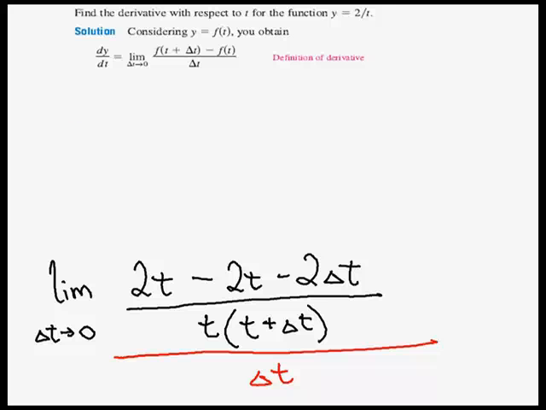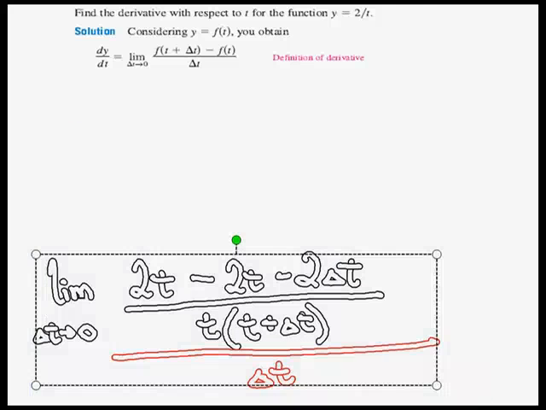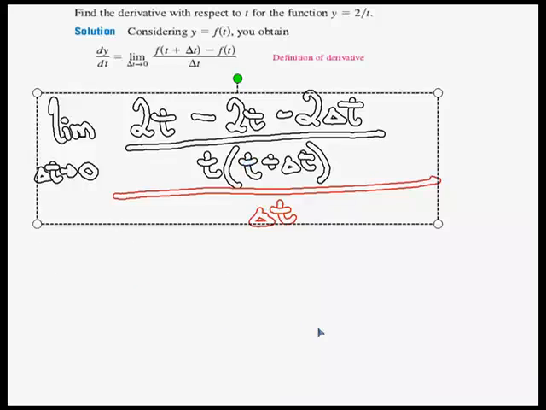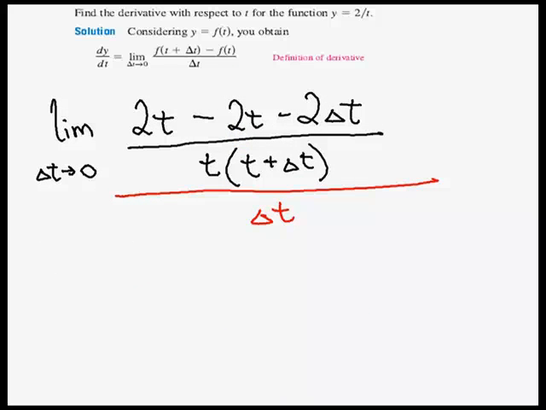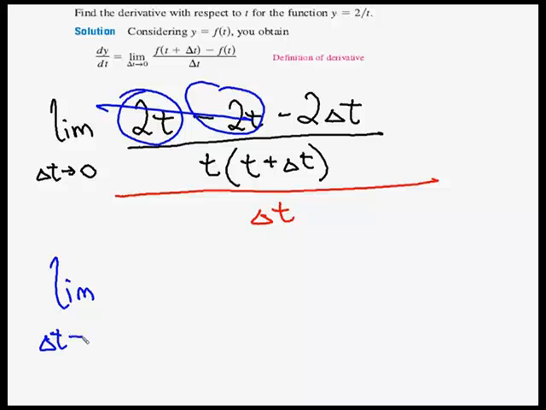So in the numerator within the numerator, it looks like some stuff is going to cancel here. We have 2t minus 2t, that goes away. So now we have the limit as delta t approaches 0. Let's look at it this way.